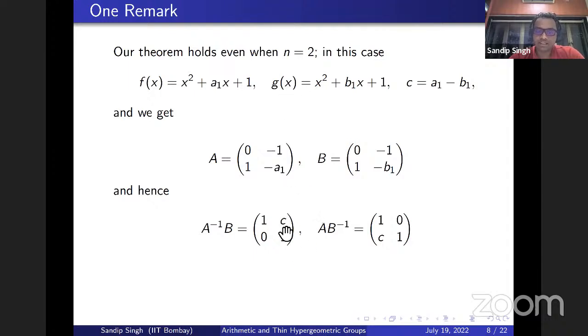And we know that if c is, for example, plus minus 1, then these two matrices generate all of SL2Z. And if c is plus minus 2, then they generate a finite index subgroup of SL2Z.